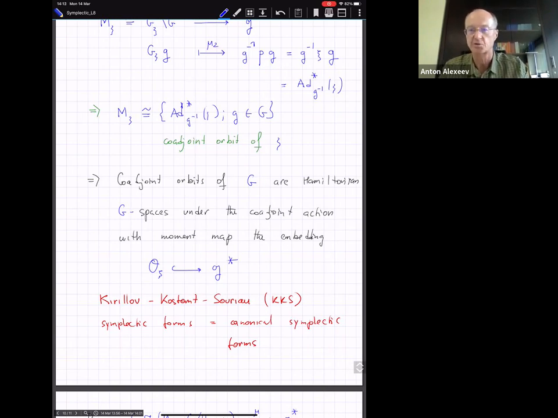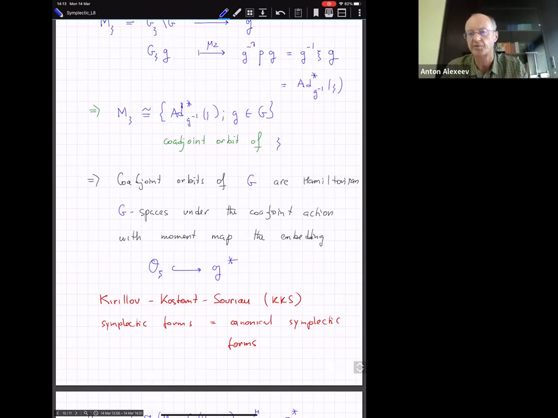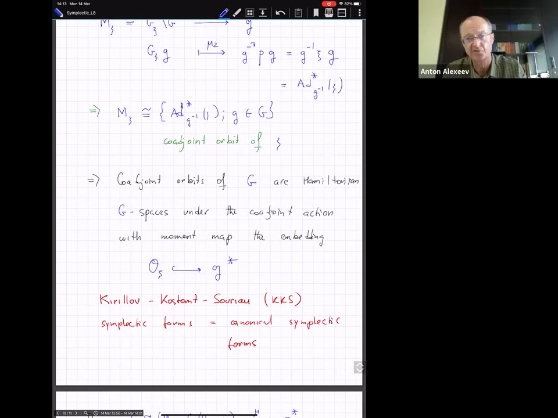So you want a homomorphism from your Lie algebra to the Lie algebra of vector fields. And I think probably one of my definitions, the wrong one, was an anti-homomorphism. So if you change sign, instead of a homomorphism, you get an anti-homomorphism.